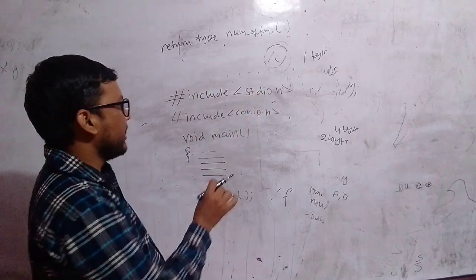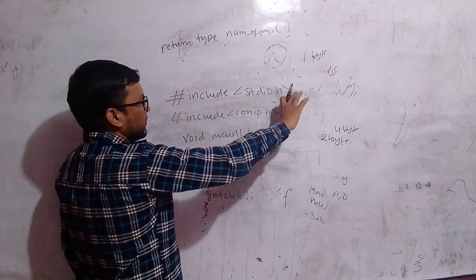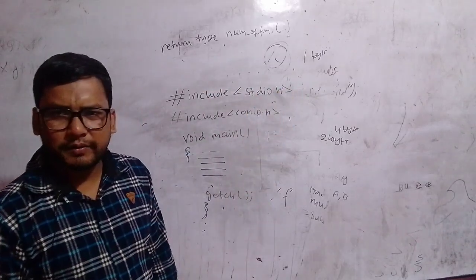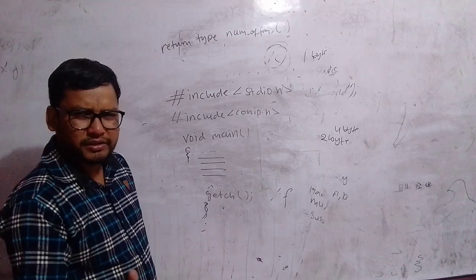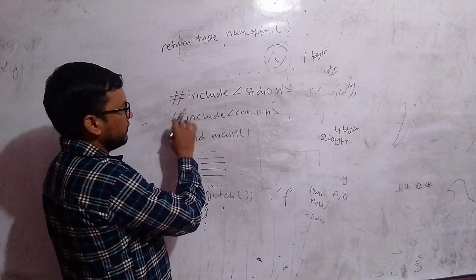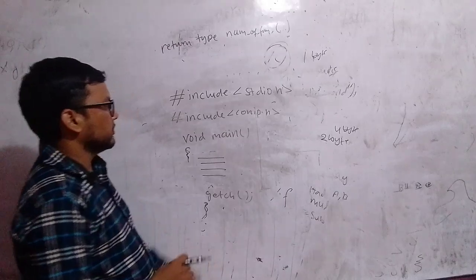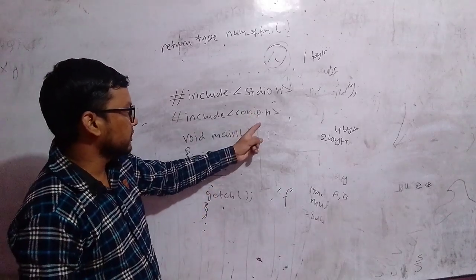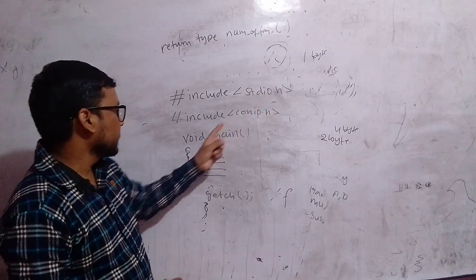These are the header files. We need to include header files before writing the program. After this, there could be other header files such as math.h, string.h, graphics.h, etc. But the most common header files to start C programming are stdio.h and conio.h, and we include them using this syntax.